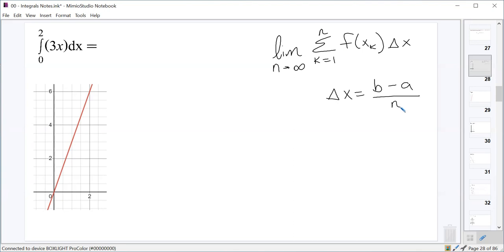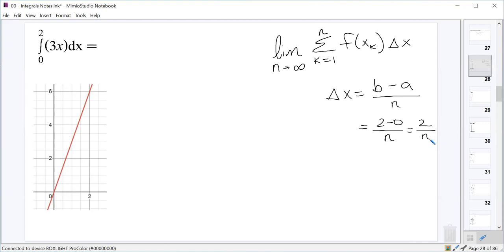Because remember, delta x is just the width of one of the rectangles that we're drawing underneath this curve. And so the width of one rectangle is the length of the entire interval. In this case, b is going to be 2 and a is going to be 0. So 2 minus 0 divided by n. Right. So I'll actually write that out. This is 2 minus 0 over n for us, or just 2 over n for this particular interval.